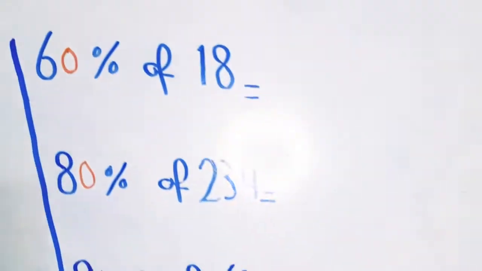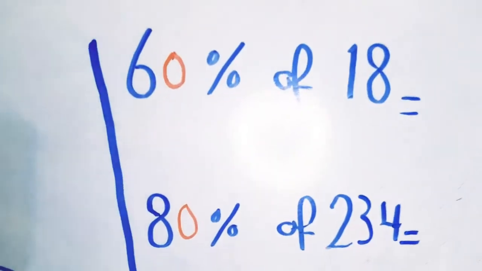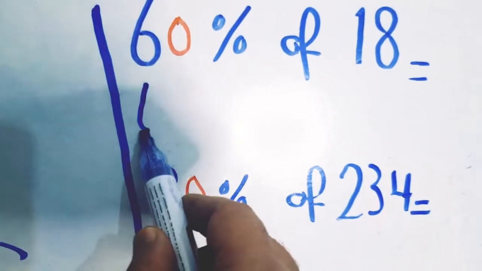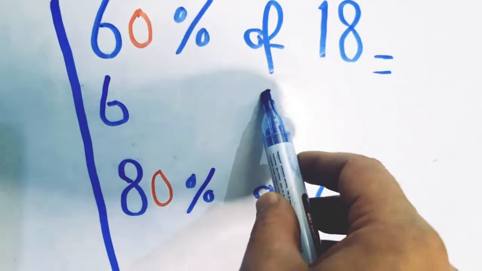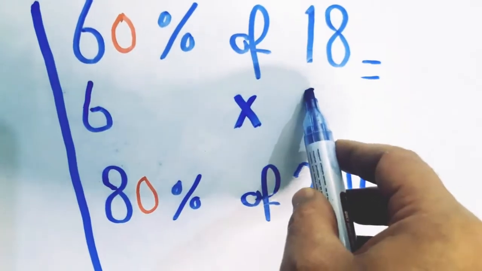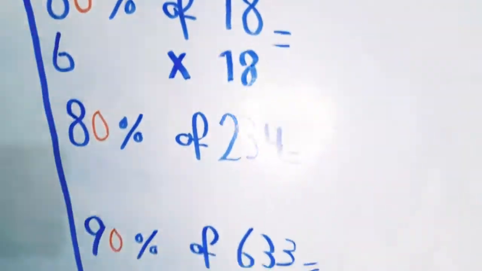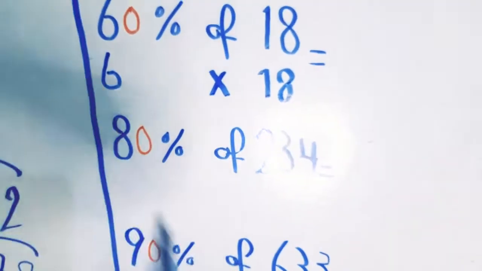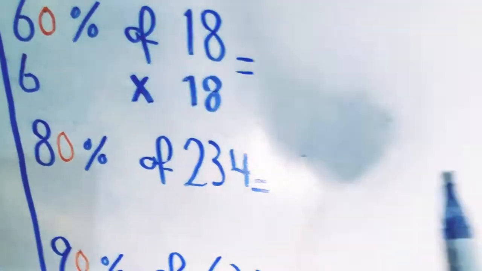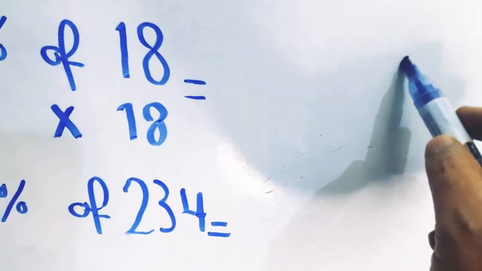60% of 18. Ignore the 0. So we write 6, of is turned into multiplication, and 18 is written as it is. Here we do multiplication. 6 times 8, 48.